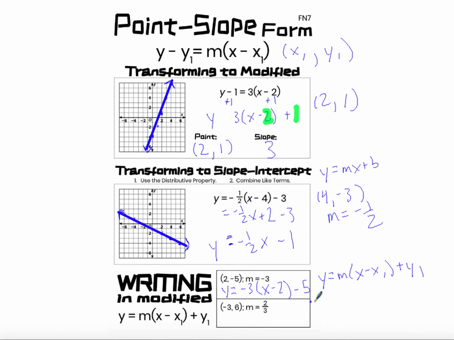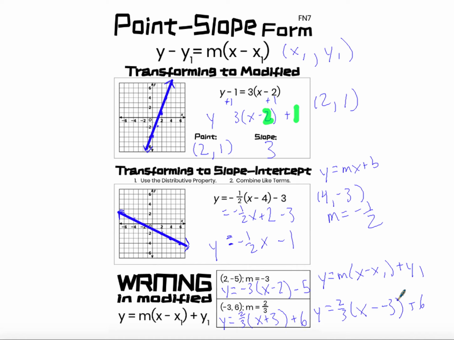In this case, I'll write my work over here. My slope is 2/3, and my x-coordinate is negative, so I'm writing x minus negative 3 plus 6. That means my final modified point-slope form equation is y equals 2/3 times x plus 3, plus 6.